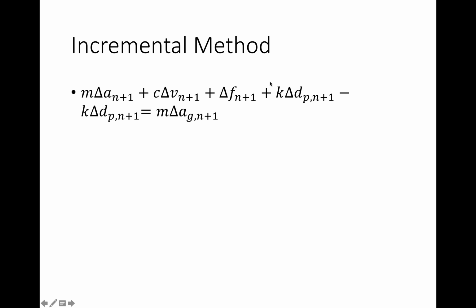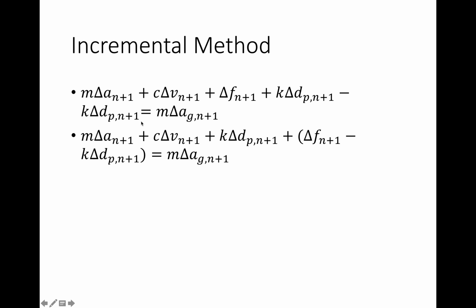However, we have the term with k delta d n plus 1 like this. So we calculate this part and this part together, and we get delta n plus 1 minus k delta n plus 1. Realize that if we use the incremental method to predict the response, displacement, velocity, and acceleration, this part is exactly the same as the prediction.